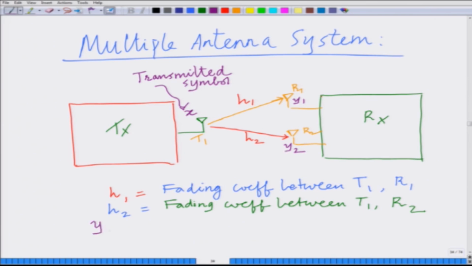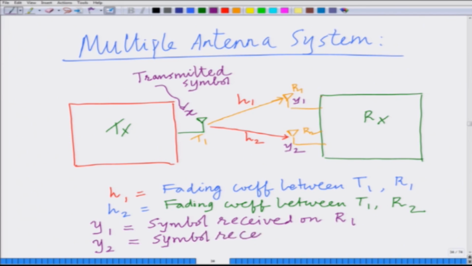So, Y1 is the symbol received on R1, and Y2 is the symbol received on R2.